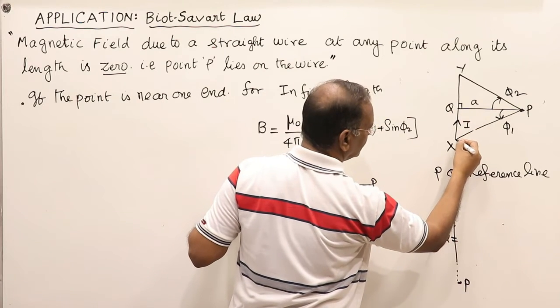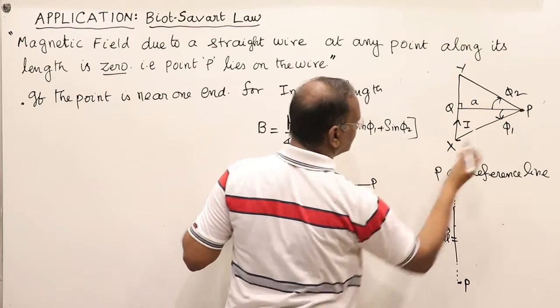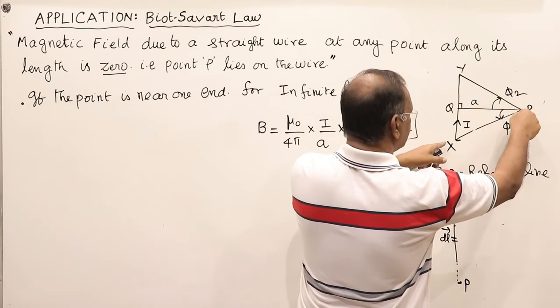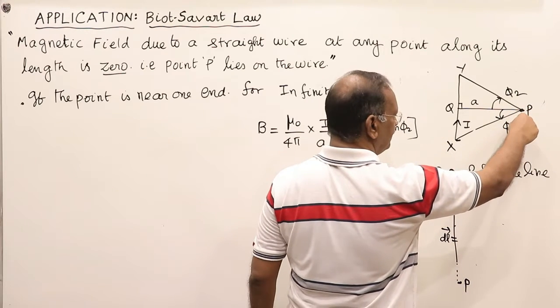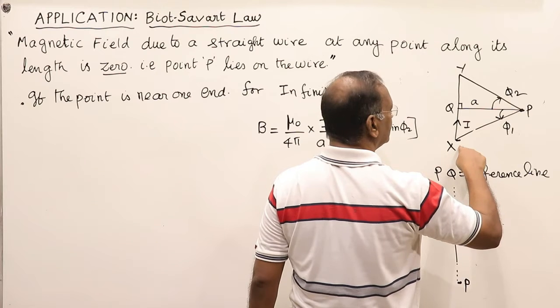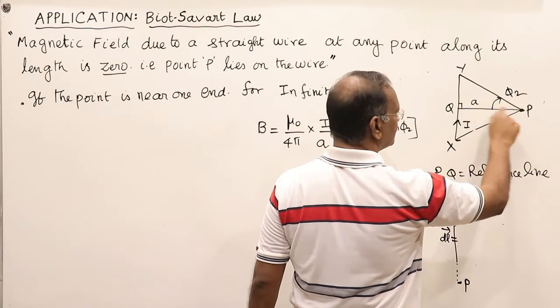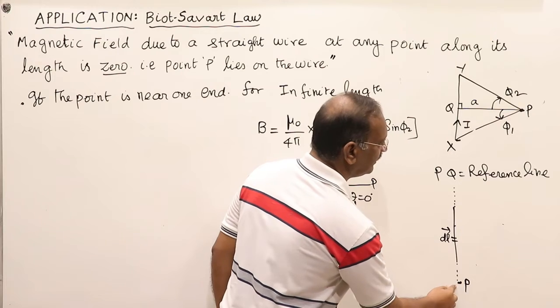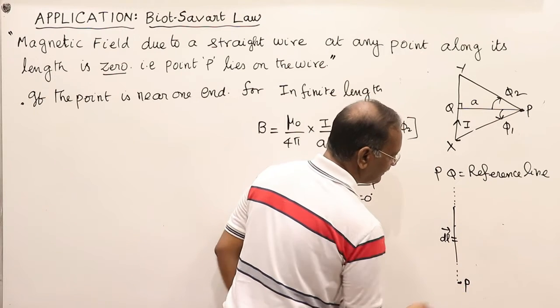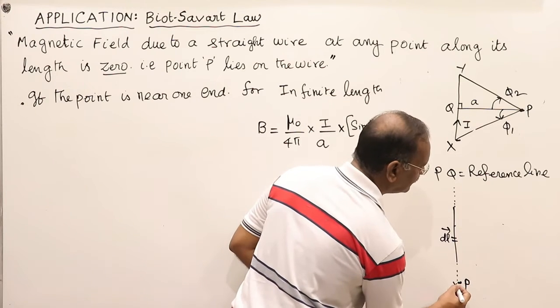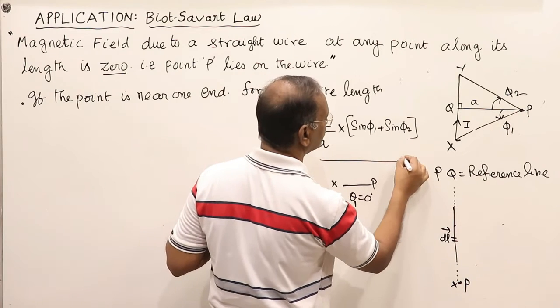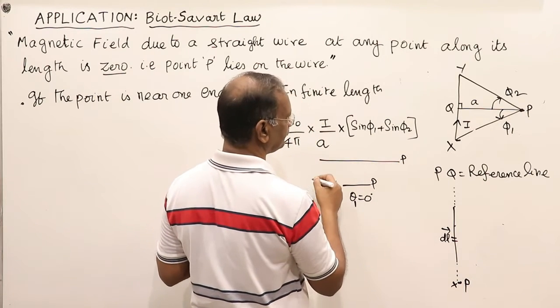We have to remember that from P, we join the point P up to the bottommost end, and we measure the angle phi 1 with respect to this line. But now it has come here, and we join this point P and the X side, and this is the reference line, and this is XP, and this is P and Q.